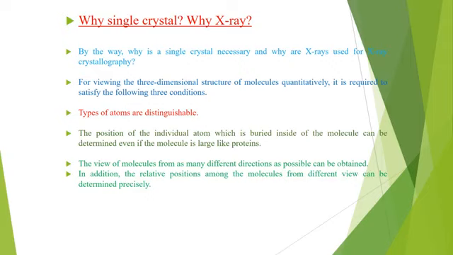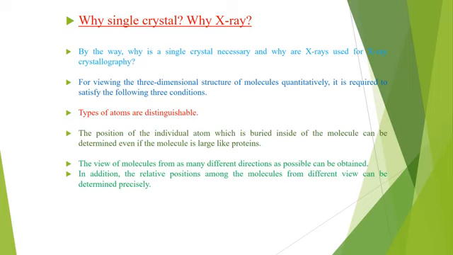And number three, the view of molecules from as many different directions as possible can be obtained. In addition, the relative position among the molecules from different views can be determined precisely. So these are the reasons why we use X-ray crystallography.